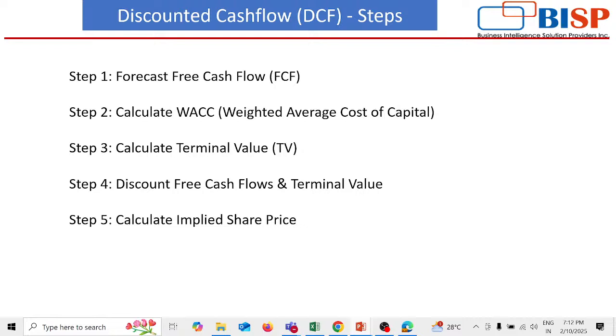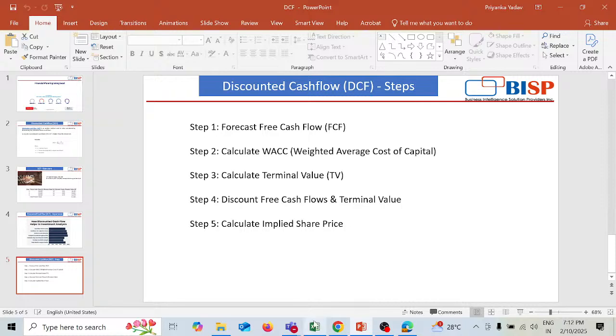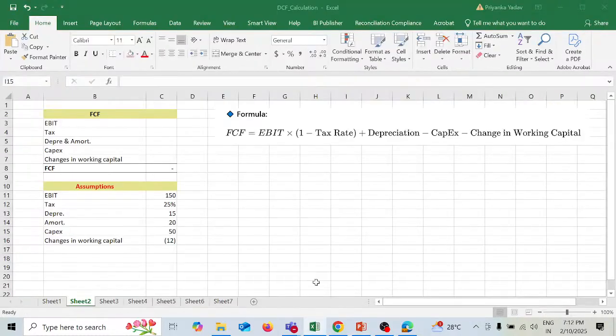So let's start this exercise. We're going to perform all these steps in Excel. So first we're going to calculate free cash flows, that is the cash a company generates after covering operating expenses and capital expenditures.